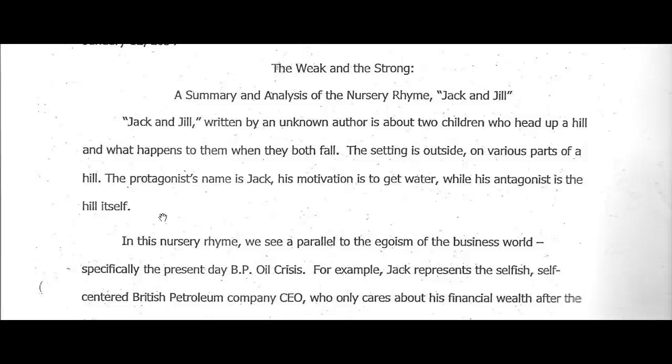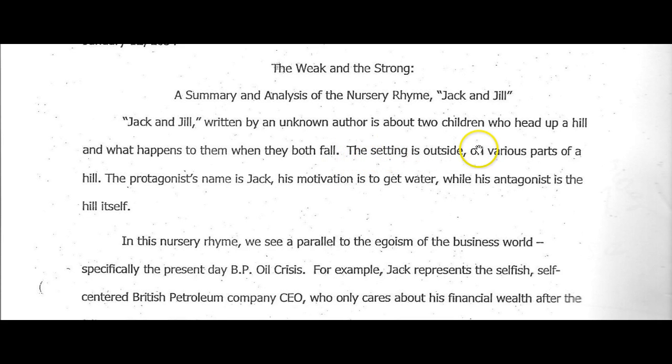This is the first paragraph. This is your intro paragraph. You must identify the piece of literature, identify the author. In this case, there isn't one. Tell me what's going on in the story. It's called the mini plot. And here it's about 2 children who head up a hill and what happens to them when they both fall. I need to know the setting, where things are happening.